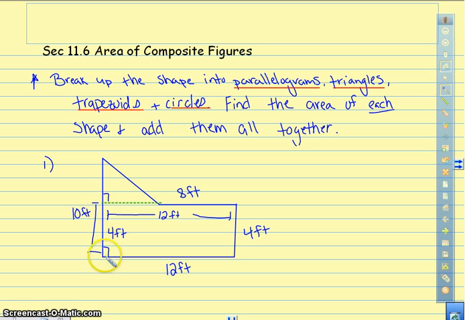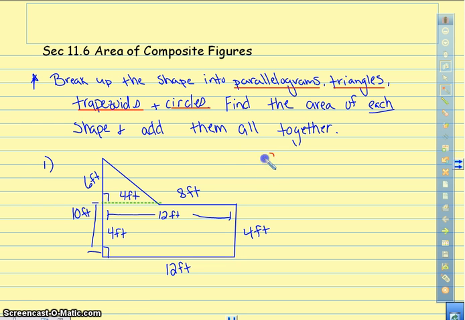If this is 4 feet and this whole length here is 10 feet, that means what's left would be 6 feet, because 6 feet plus 4 feet is 10 feet. Looking at your triangle, I have one side, I need to find the other, so I have my 90-degree angle. If this is 8 and this whole length is 12, that means this would be 4 feet, because 8 plus 4 is 12.